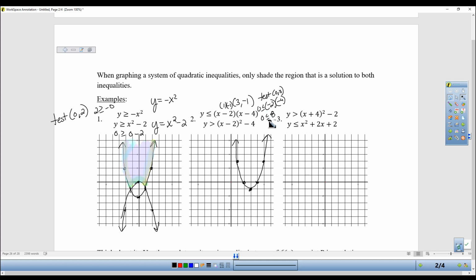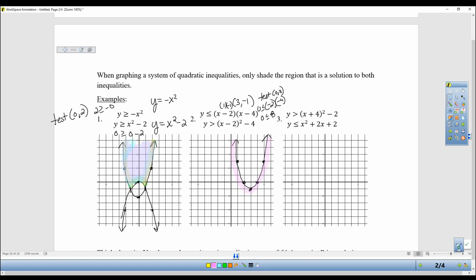Is 0 less than 8? It is. So I want to shade (0, 0). So I'm going to be shading this side of the parabola. I would shade the entire thing, but it's going to be really hard to see in the end, so I'm not going to do that.